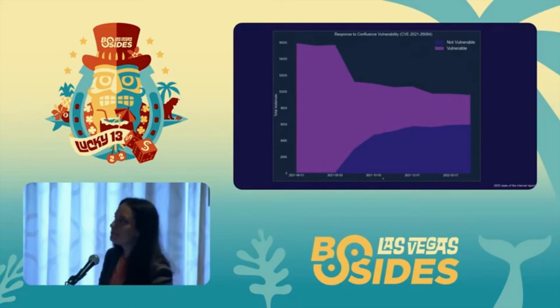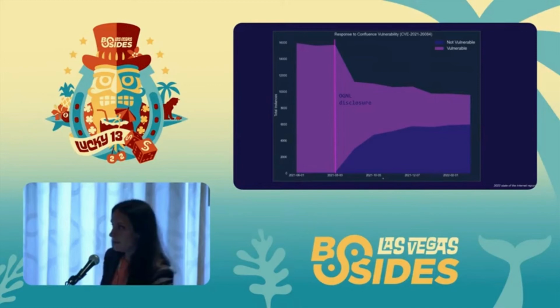And then finally, for this section, I want to talk about the Confluence vulnerability. This was an OGNL injection vulnerability. And it was disclosed here. I believe this was in May. I'm totally misremembering. In August, I'm sorry. This was in August.